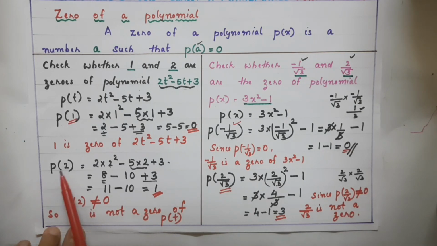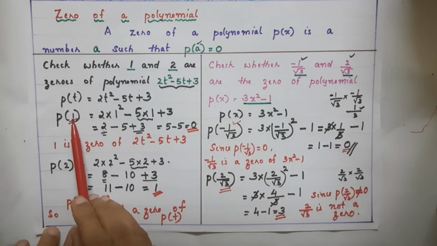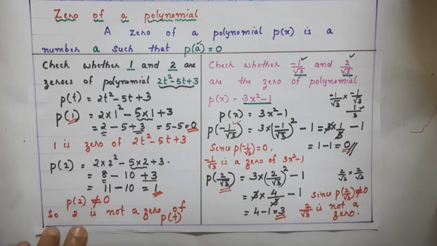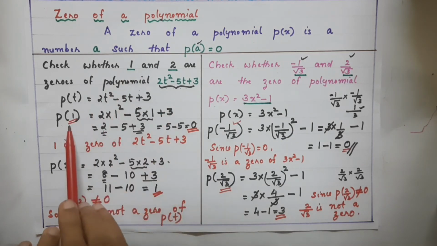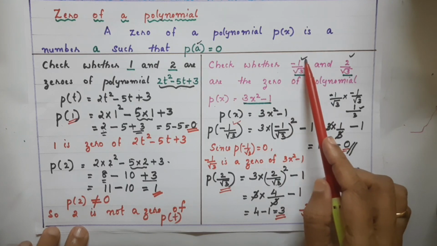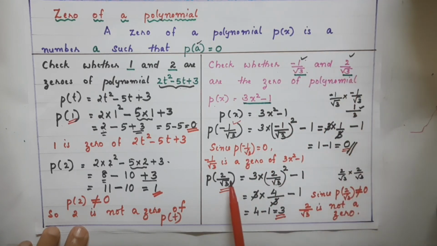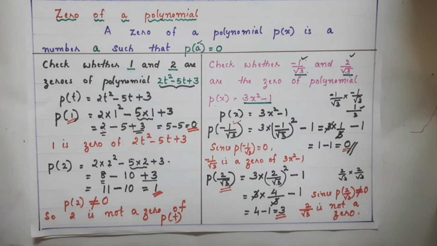For what value of the variable we are getting the polynomial value as 0, that value we are calling as 0 of the polynomial. So here 1 is a 0, 2 is not a 0. In this question, minus 1 by root 3 is a 0. But 2 by root 3 is not a 0.